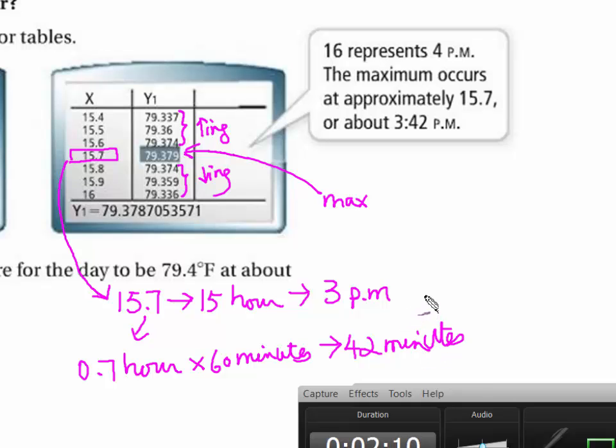The exact time for the maximum temperature for the day is 3:42 p.m. and the maximum temperature is around 79.4 Fahrenheit.